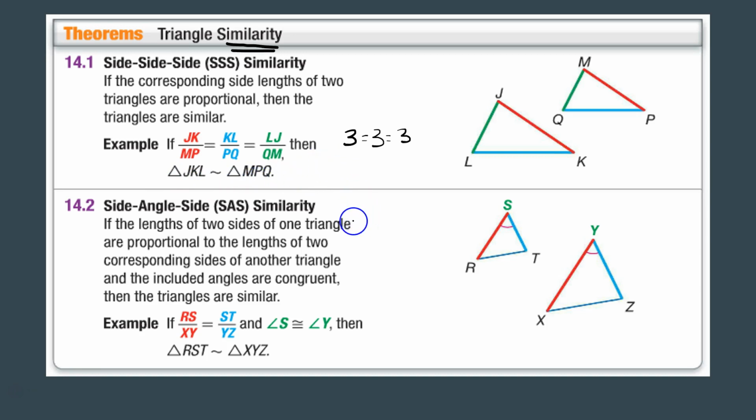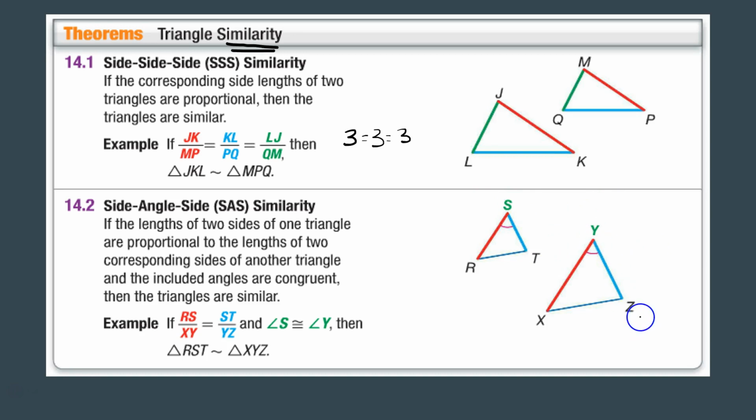Then we have side-angle-side similarity, SAS similarity. We have a side, an angle, and a side. So our side lengths are RS, which is proportional to XY. And we also have our other side, ST, which is proportional to YZ.